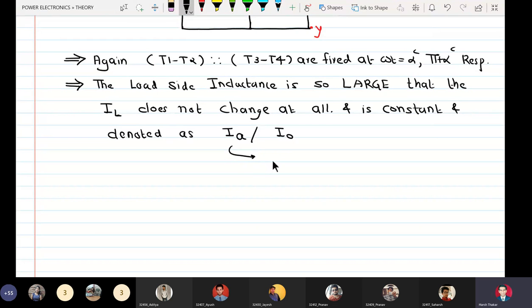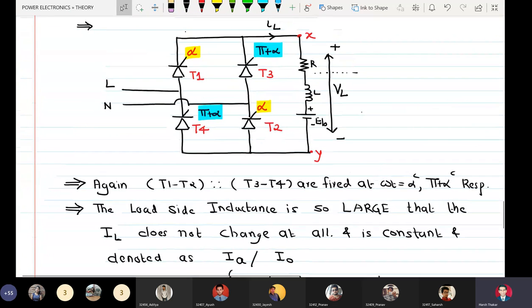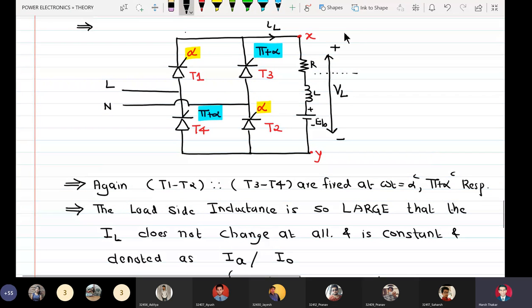As I told you before also, I indicates armature current because basically RLEB is nothing but a motor load. So we can also replace this thing like this. Many a times we can actually draw it like this.